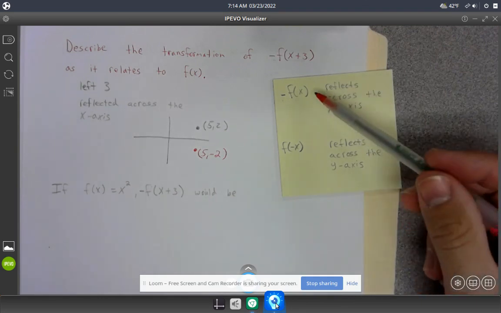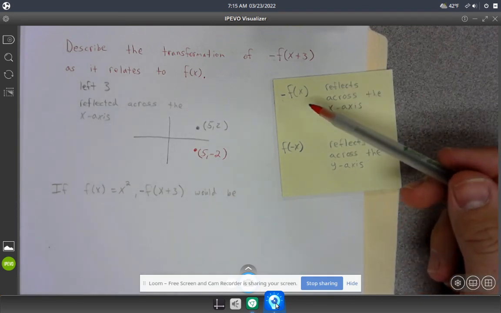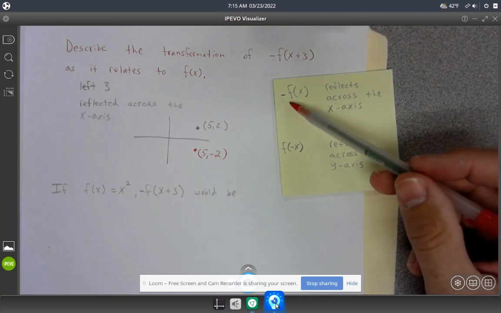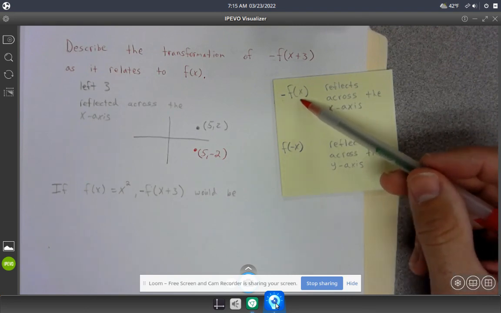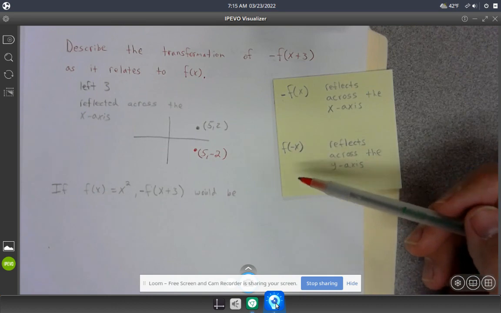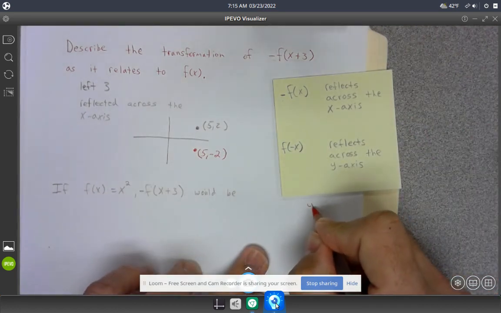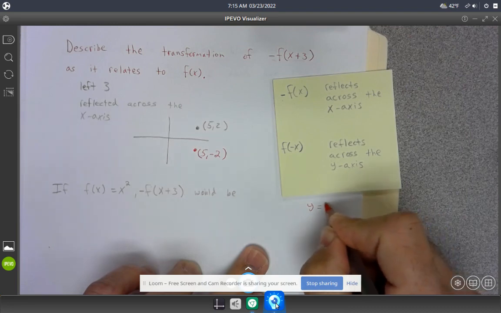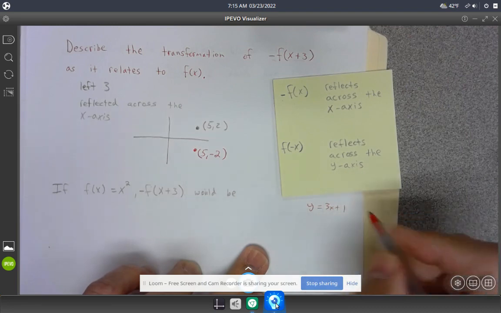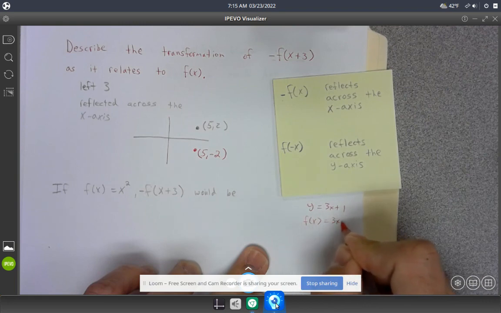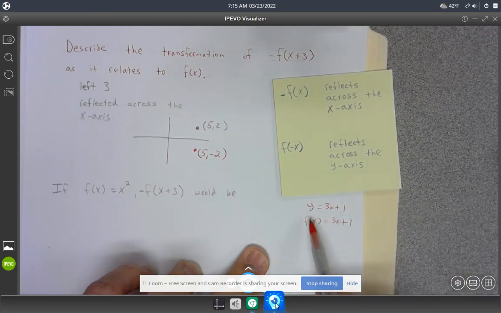Well, over time, as you see lots and lots of graphs, you'll notice that they use the term f of x and the term y interchangeably. Like you might see equations that say y equals, I don't know, 3x plus 1. And you might see f of x equals 3x plus 1. They use the y and the f of x interchangeably.